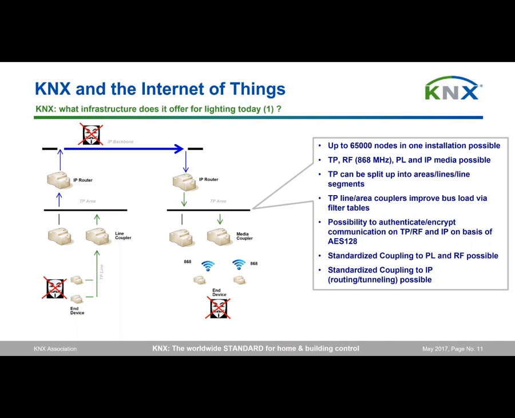There is the possibility to authenticate and encrypt communication on twisted pair and radio frequency and IP based on AES 128. There is the possibility to couple power line and radio frequency in a standardized way, and also to couple twisted pair to IP in a standardized way.